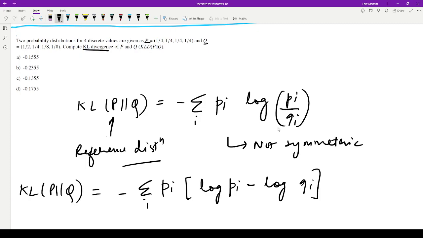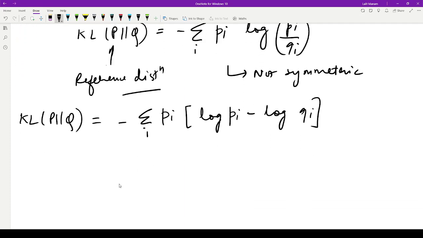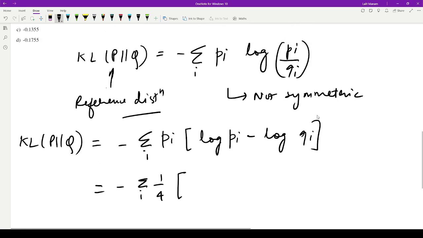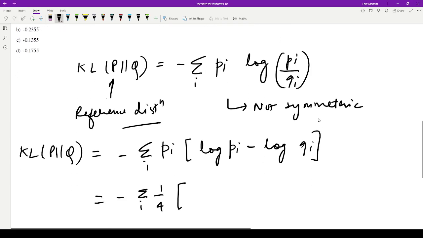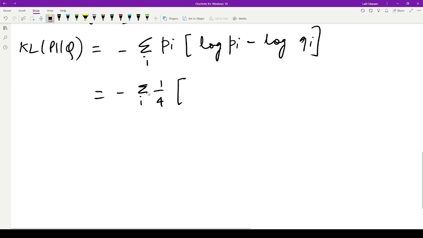Okay, so now it's just placing of numbers. I expanded log pi by qi as log pi minus log qi, and then I'll replace it with numbers. So this is 1 by 4, so log pi all have 1 by 4.